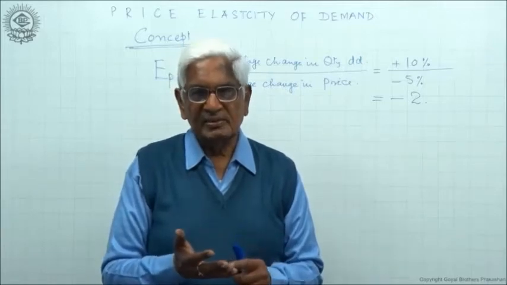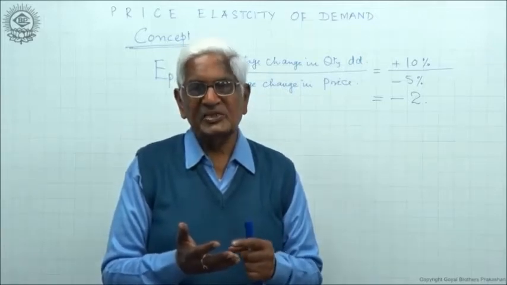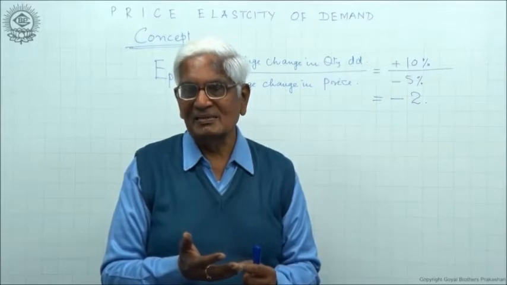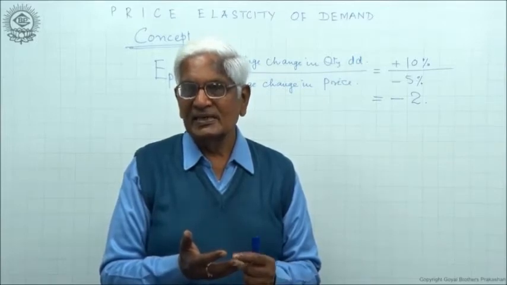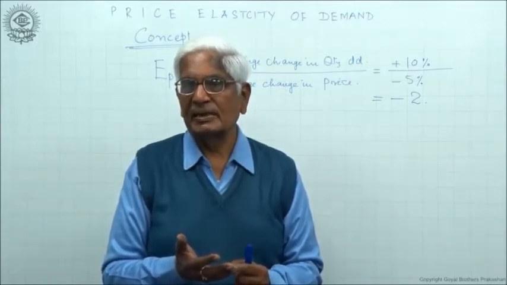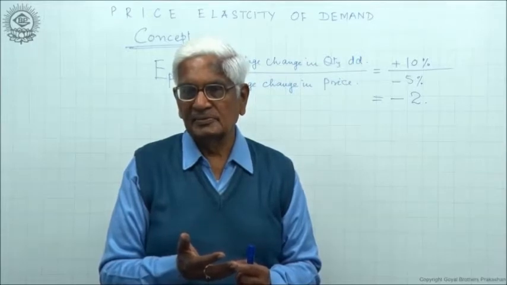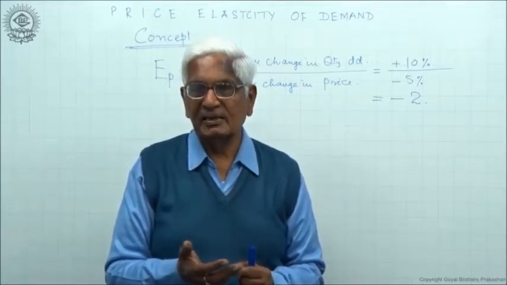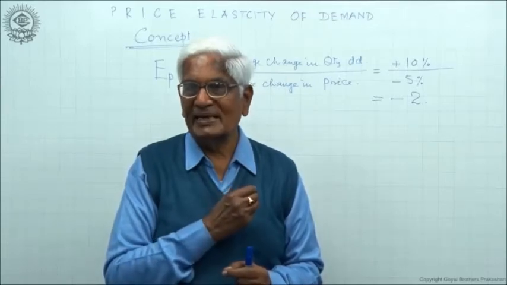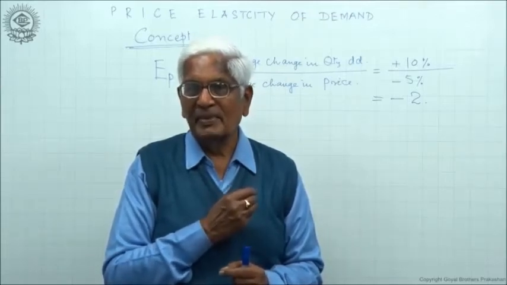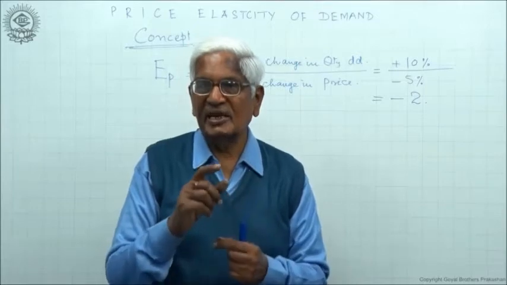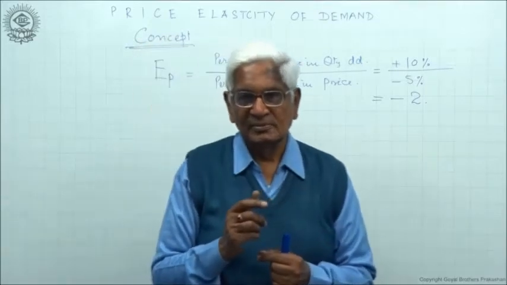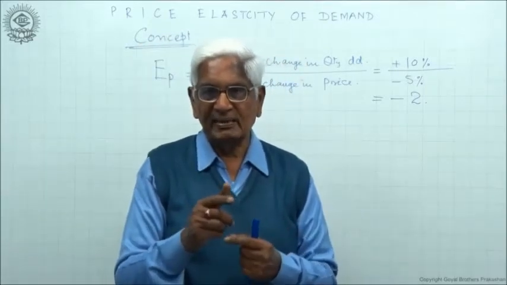2 means 1% change in price leads to 2% change in demand. We can improve this statement further and say, since we have used minus sign, it indicates inverse relation between price and demand.